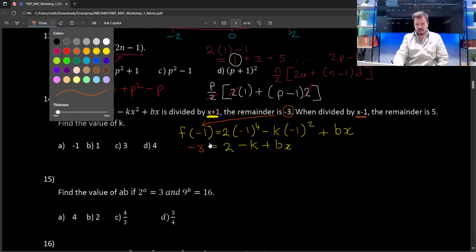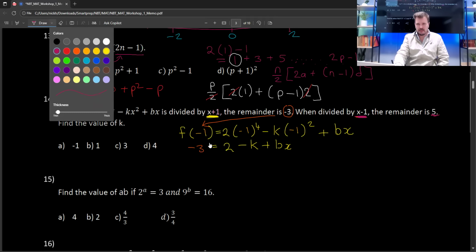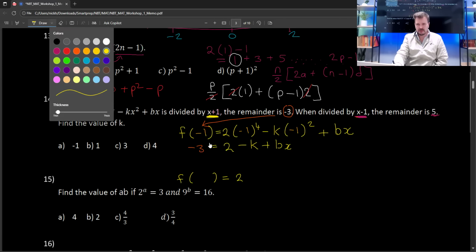Let's do a different color. And so what you do here is you replace the fx with a 5, right? So we'll start with, but what we're saying is replace everything with a 5. Okay, well, we're going to run out of space, so let's do it down here. So I'm going to say f of 1 is equal to 2, and then I replace everything here with a 1.